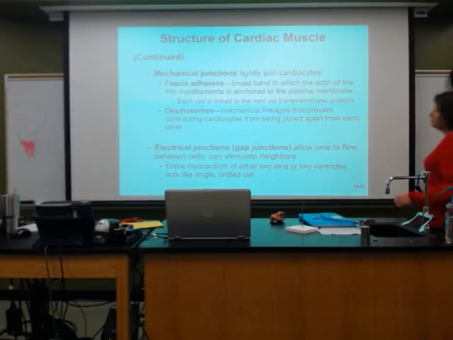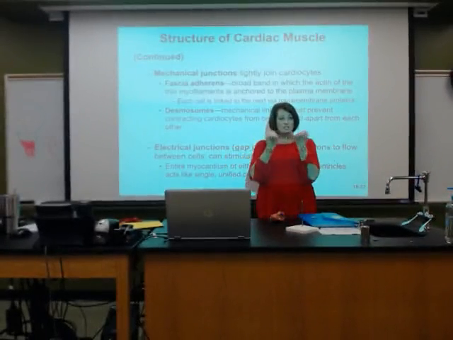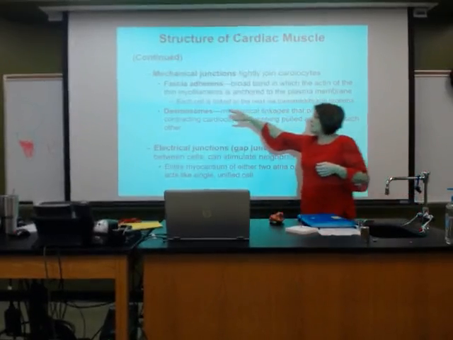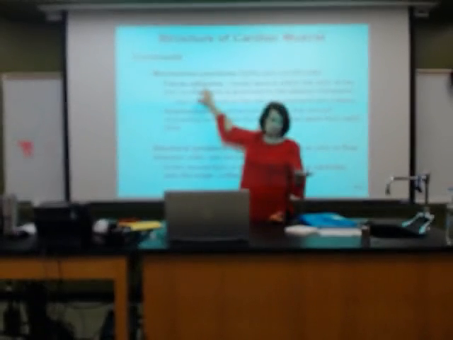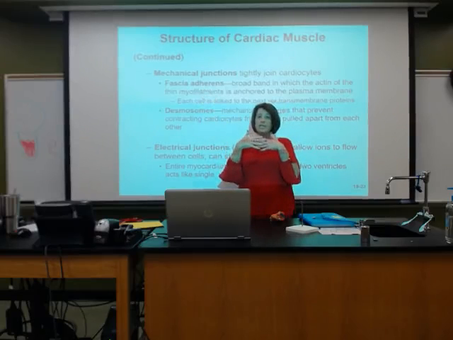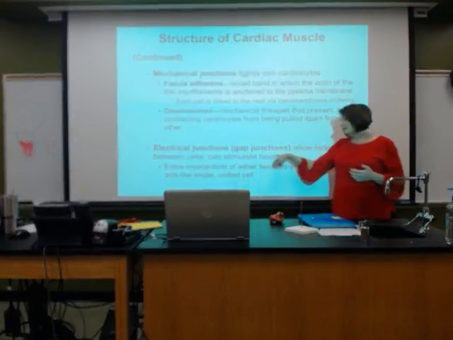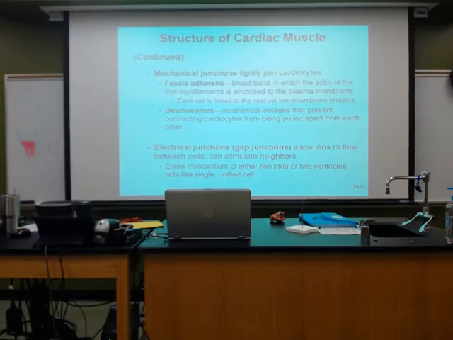So, do you guys remember the desmosomes? Where it's like little extensions and they hold the cells together. And then fascia adherens, just adhering, something that would adhere those cells together. But then gap junctions. The gap junctions become important.